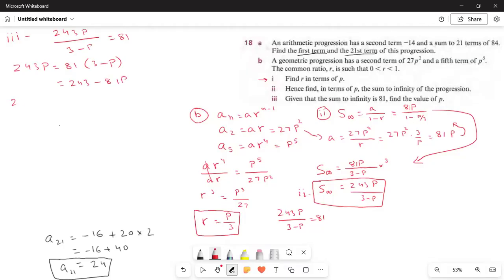So it is 243 plus 81, so many p's is equal to 243. So p is equal to 243 divided by, when we add these together, 324. And this simplifies to 3 by 4. So my last answer is that p is 3 by 4. This is the last answer.